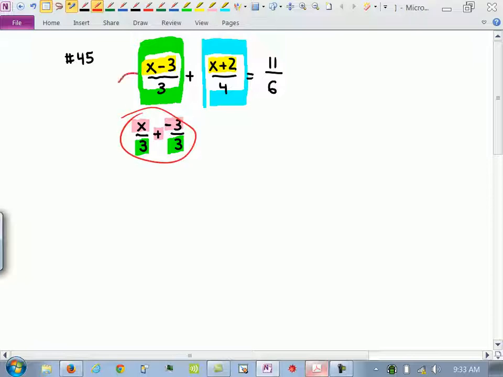The first one here becomes, we just said x minus 3 plus negative 3 over 3. Then I have the plus sign in the middle. Now what does the blue turn into? X over 4, right? X over the denominator, then split it plus the 2 over the 4 equals 11/6.